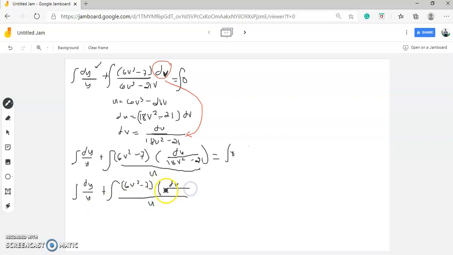Very good. So that is just equal to 6v squared minus 7.